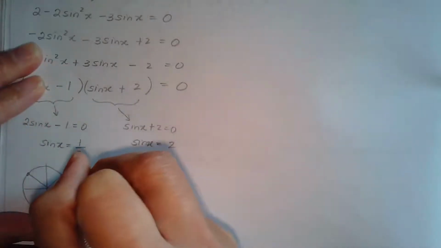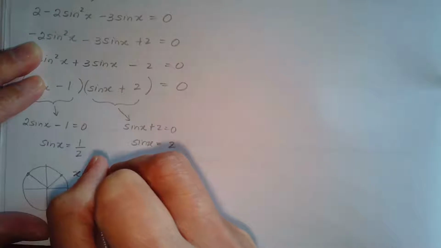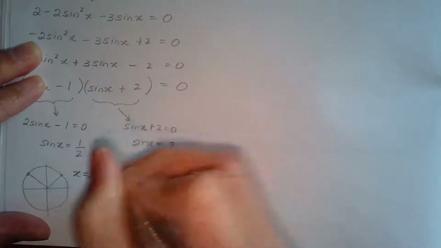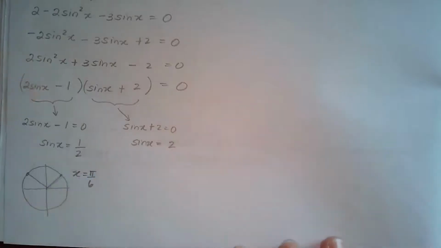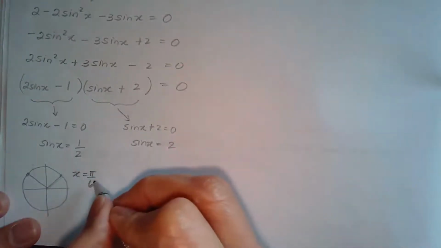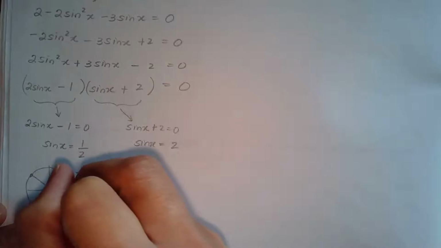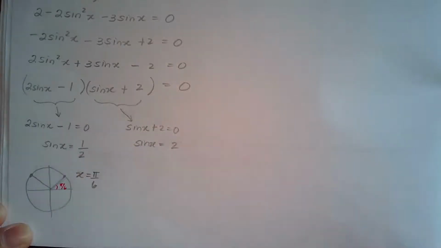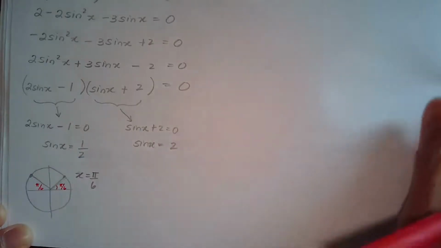Special angle, x is equal to pi by 3. No, pi by 6 rather. So this is pi by 6, that's the reference angle. And then this is pi by 6, another reference angle.